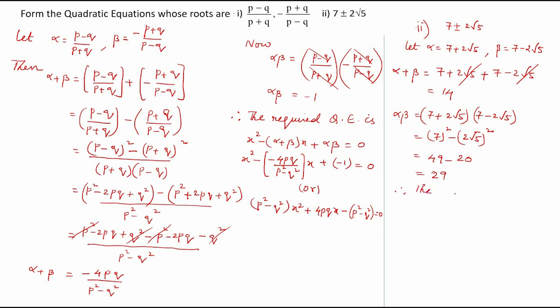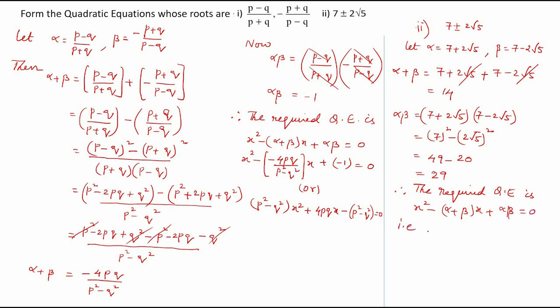Therefore, the required quadratic equation can be written as x square minus sum of the roots into x plus product of the roots equals to 0. So you can make use of this formula.